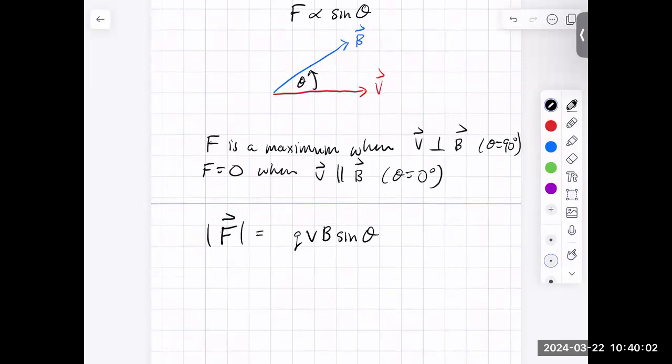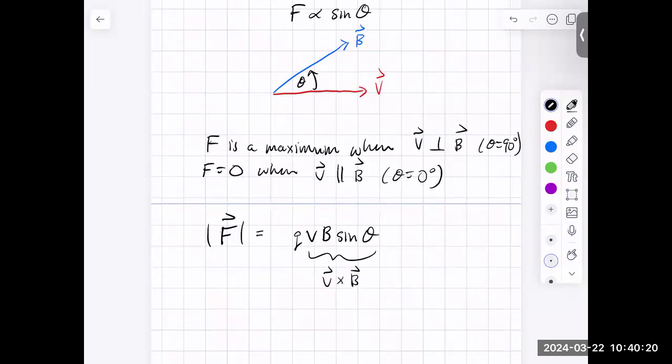What's a nicer way of expressing VB sine theta? What did we say about cross products? A cross B is AB sine theta. So V is a vector, B is a vector, and so we could express VB sine theta in terms of V cross B, right?